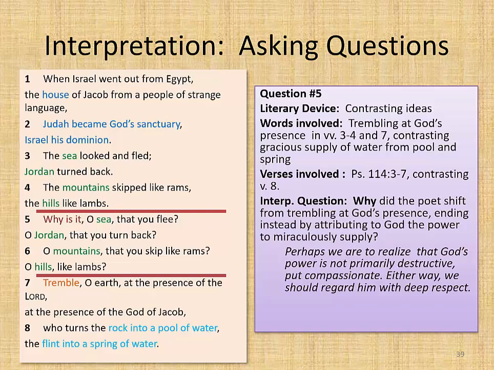And now the interpretive question, a why question. Why did the poet shift from trembling at God's presence, ending the poem, right? Verse 8, choosing to exit this composition, this message, by attributing to God the power to miraculously supply? Why didn't he end by saying, God is so awesome that you ought to tremble, you ought to melt in his presence?